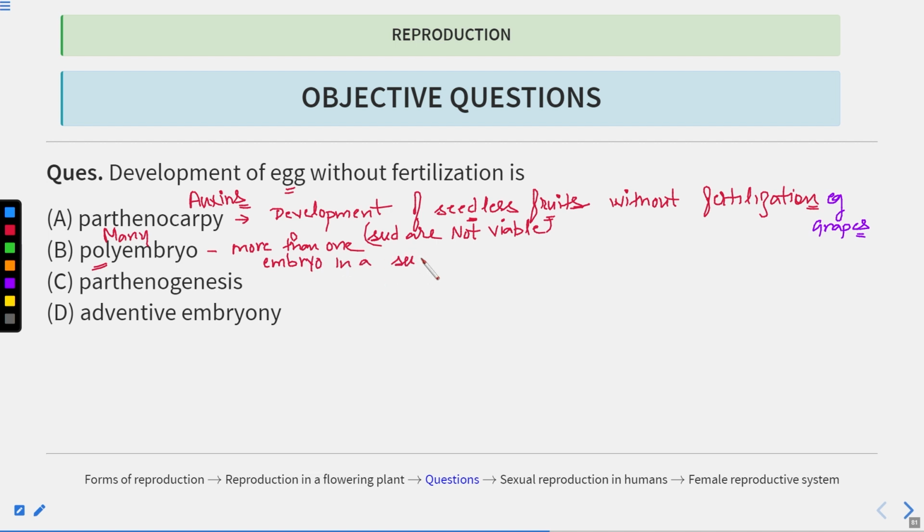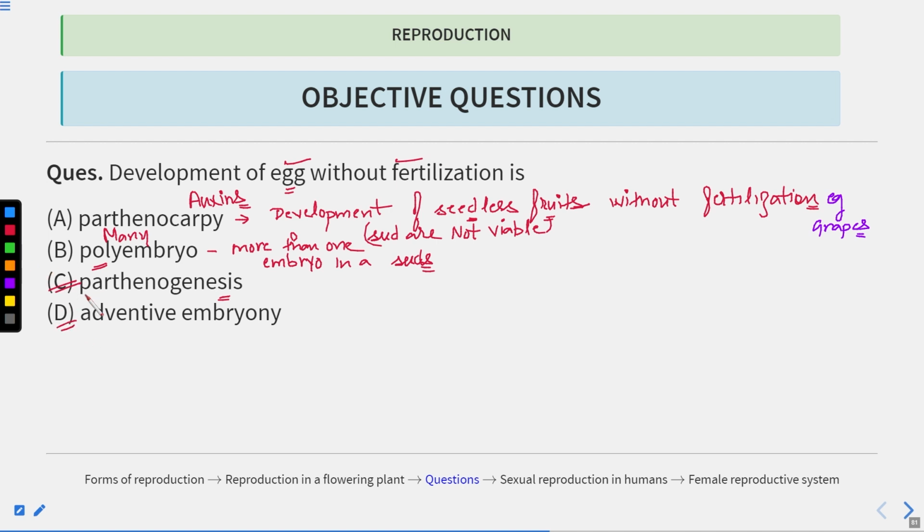If we talk about plants, this is known as polyembryony. Now next is parthenogenesis. Parthenogenesis is the development of the egg without fertilization. Alright, this is clear. What is fertilization? Fusion of the male and the female gamete. This is known as fertilization. So what should be the answer? Option C should be the answer.